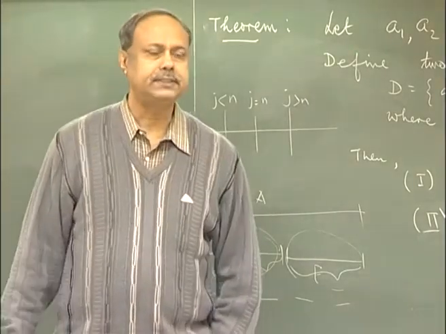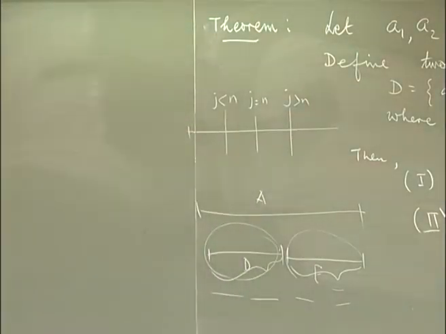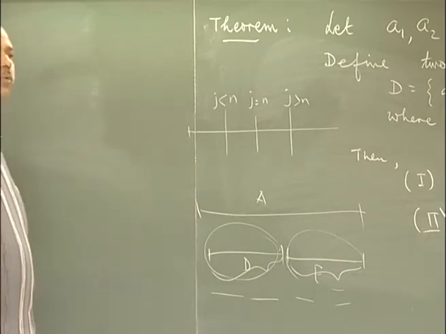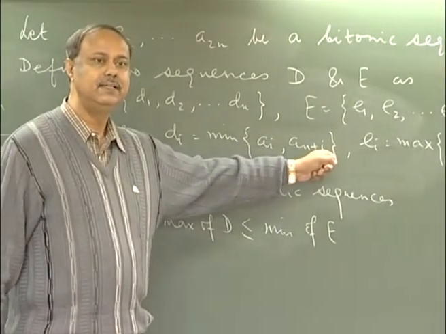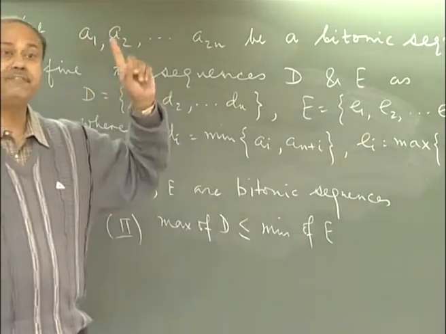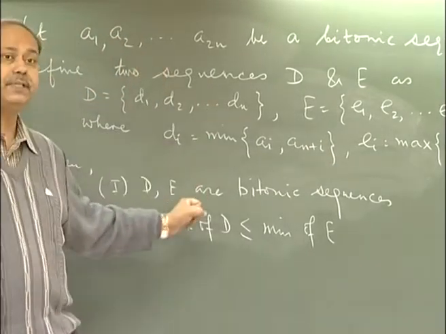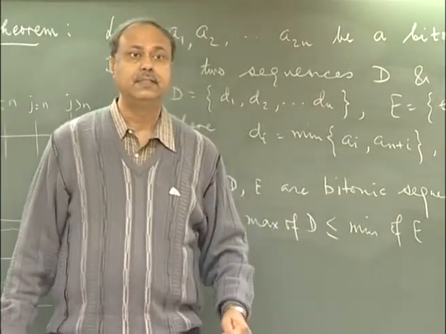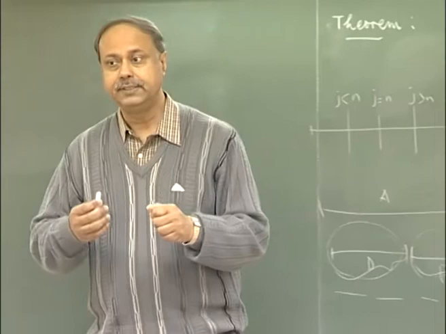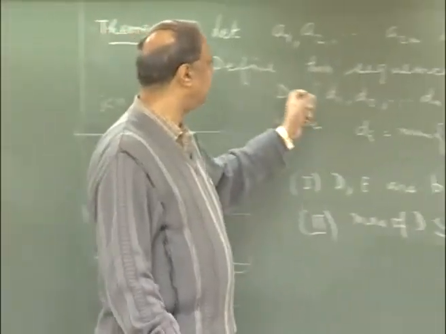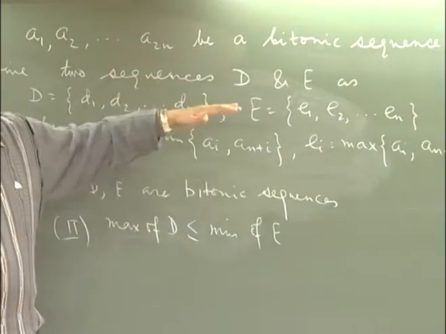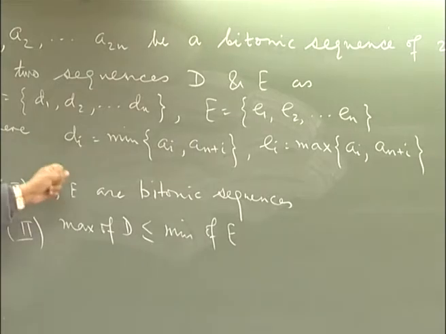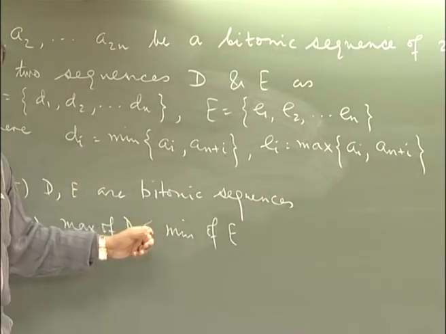First, the cyclic shifts of the sequence A will affect both the D and E sequences similarly, without affecting these properties. If you do the cyclic shift, it will affect both sequences D and E, but it will not affect these properties.